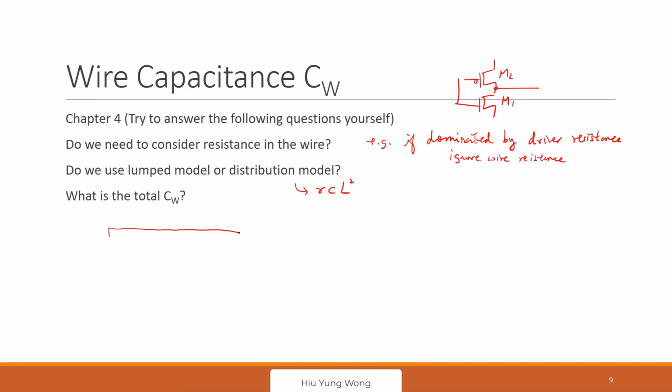It really depends on the layout, right? It depends on the W, depends on the L, right? And then the unit. So the total wire capacitance equals W times L times unit capacitance.